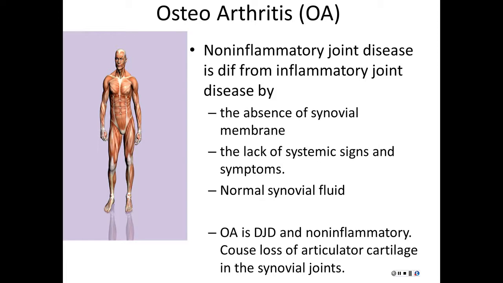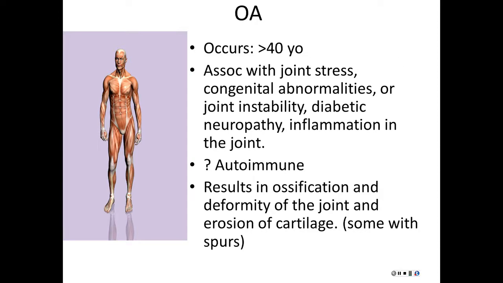Osteoarthritis is degenerative joint disease, non-inflammatory, and it causes the loss of articular cartilage. Okay, it's the absence of synovial membranes, lack of systemic signs. You have normal synovial fluid, but you don't have the membranes. It occurs later than 40 years old, associated with joint stress, congenital abnormalities, joint instability, diabetic neuropathy, inflammation of the joint.